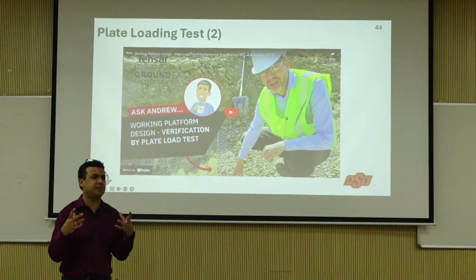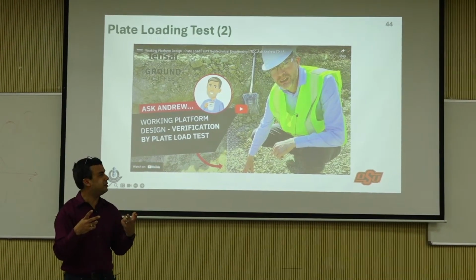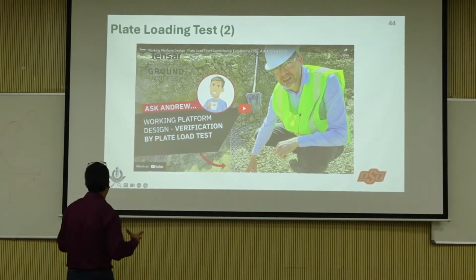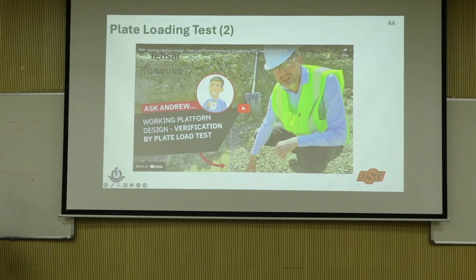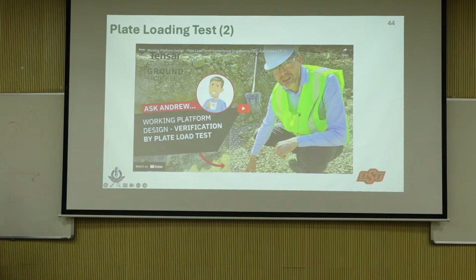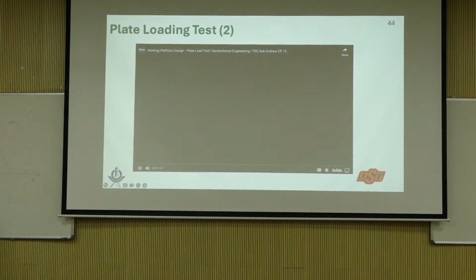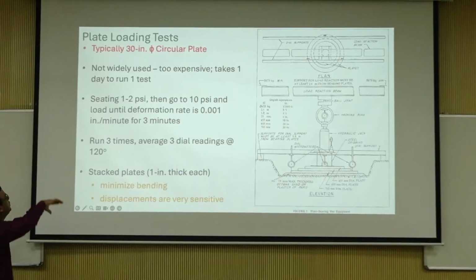Standard is 30 inch, no, 300 millimeter. Is it 1 foot? Yeah, 1 foot diameter is 300 millimeter, 30 centimeter. 30 centimeter diameter is the standard one. And then for airfield pavements, you have different criteria. There you can go to 30 inches.